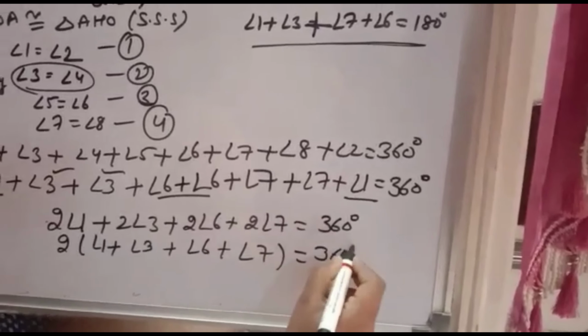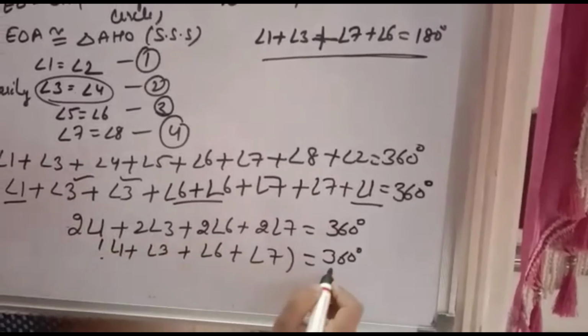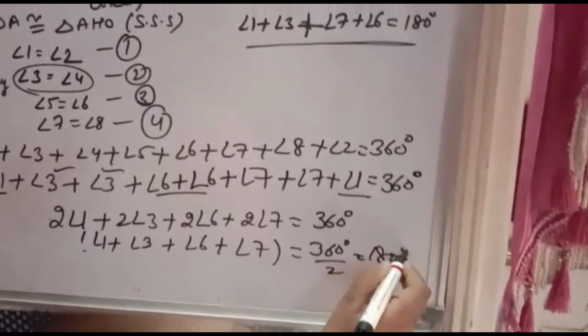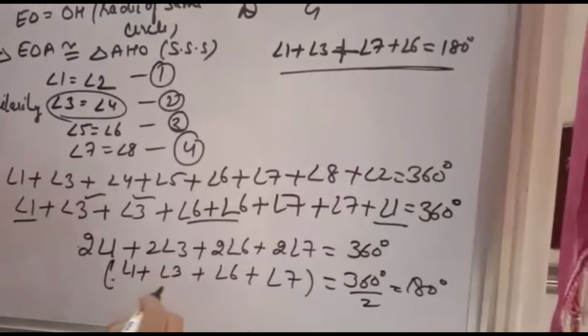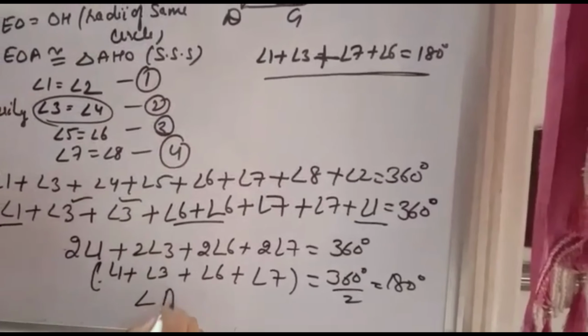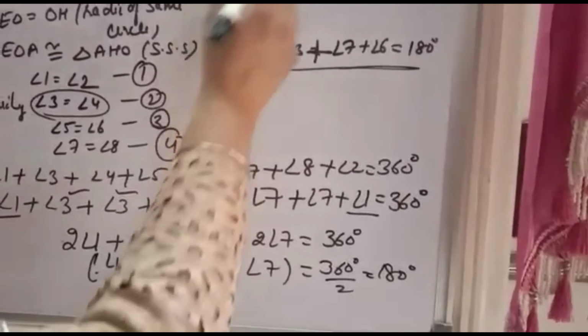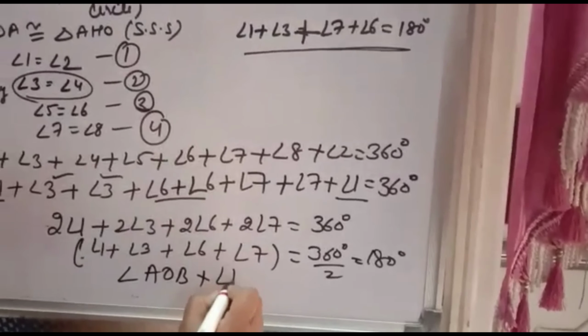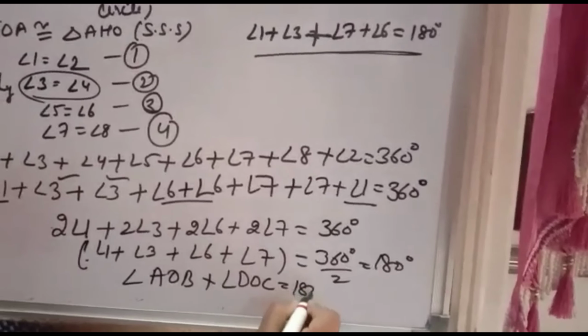So 2 you will take this side, so 360 over 2 will come, 180 degrees. Now angle 1 plus angle 3 is angle AOB, and angle 6 plus angle 7 is angle DOC. It came equal to 180 degrees.